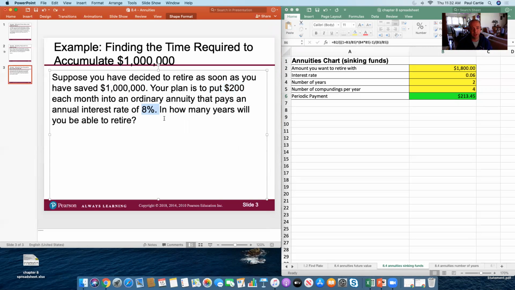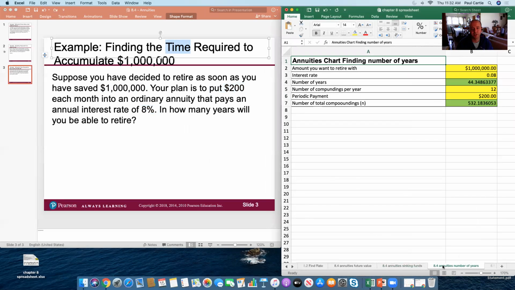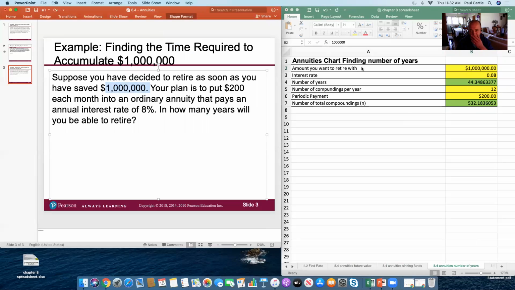Because we're finding the time, we're going to go to the time tab on my spreadsheet and change what we need to change. Okay, $1 million, somebody already did this problem, so we're going to keep that $1 million the same. The interest rate is going to stay the exact same. But if I wanted to just do $500, I could change that.